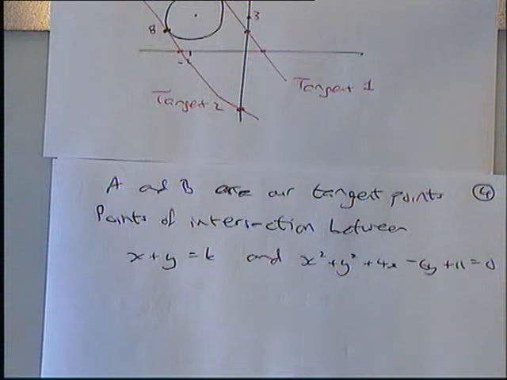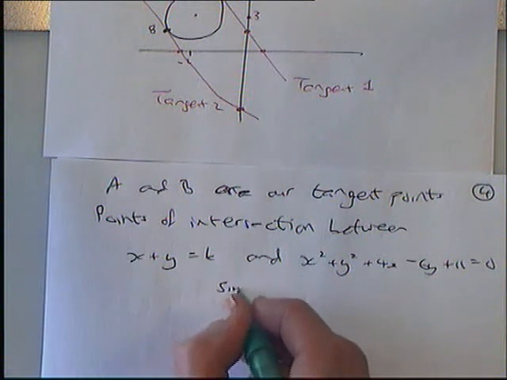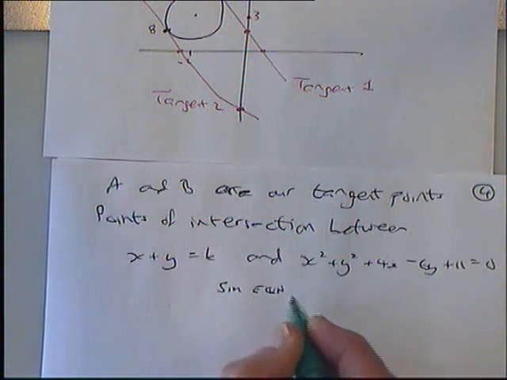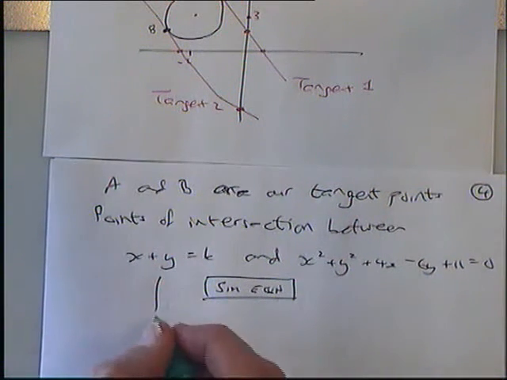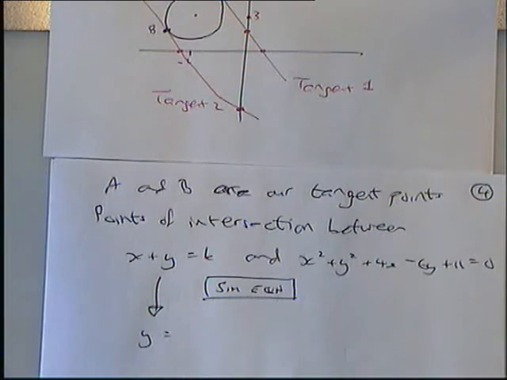Now, again, it's simultaneous equations. That's what we've got. And again, there are various different methods of solving them. Anybody got a suggestion? These aren't two linear ones, though, so maybe there aren't so many ways of solving this one. What do you think would be a good way to do this one? Substitute, okay? So we're going to do it by substitution. We either need to know what x is equal to, or we need to know what y is equal to. From here, I can easily rearrange to work out what y is equal to.